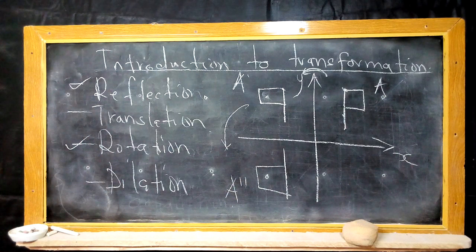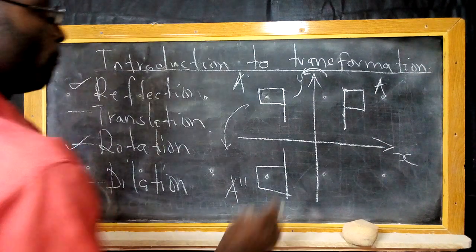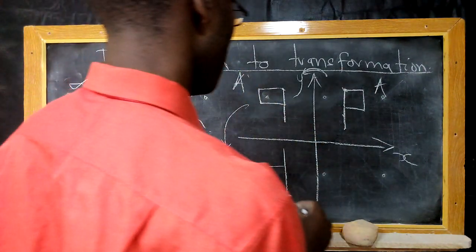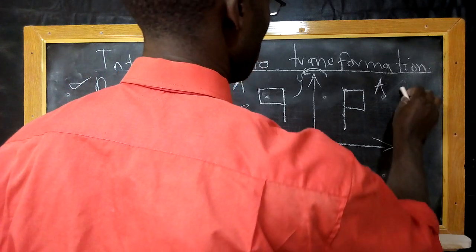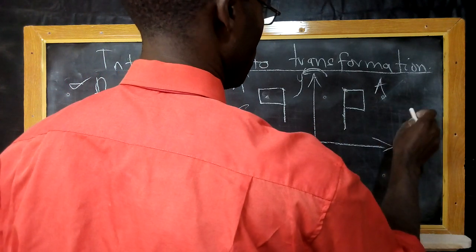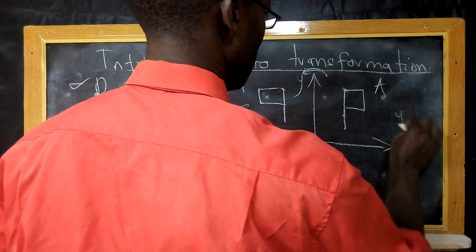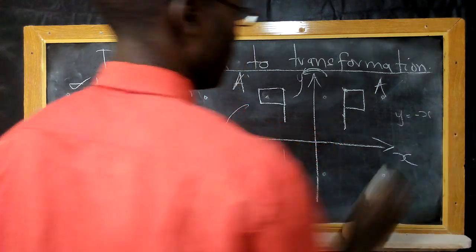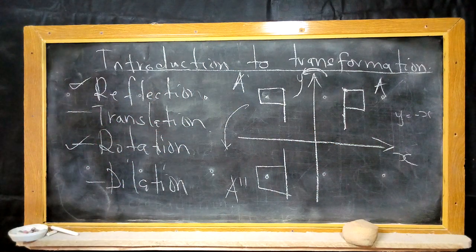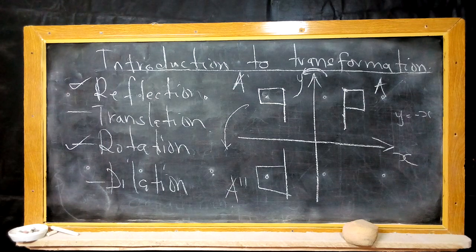I gave a line that was cutting through the Cartesian coordinates, and I named it y equals negative x, and said that reflection can be done at a point along a particular line within the Cartesian coordinates.